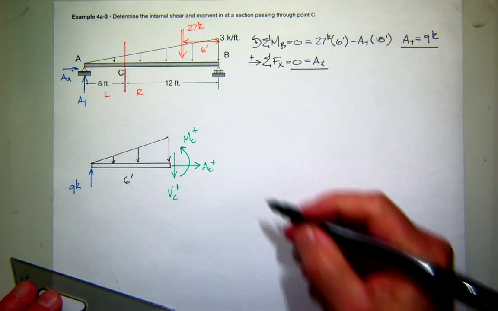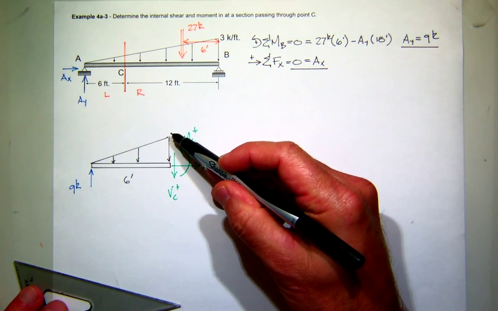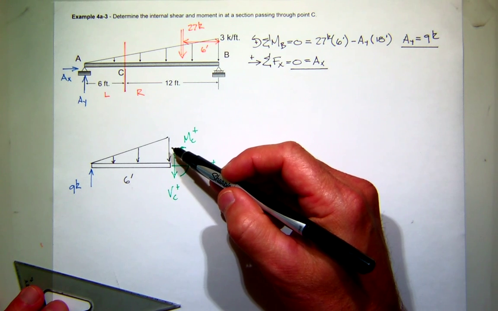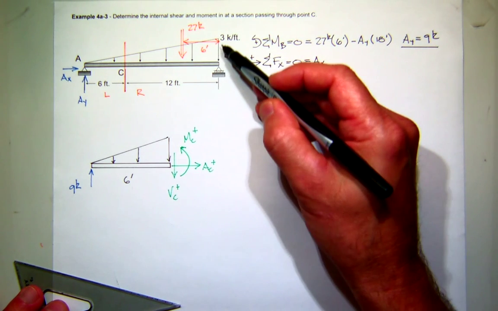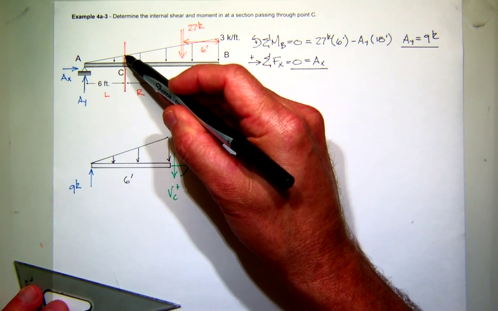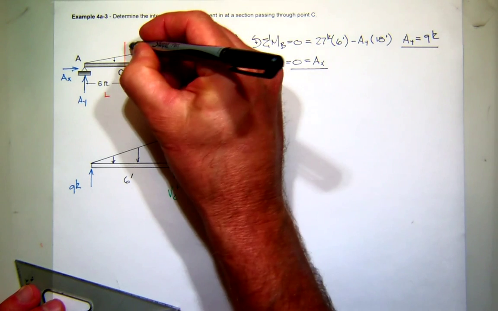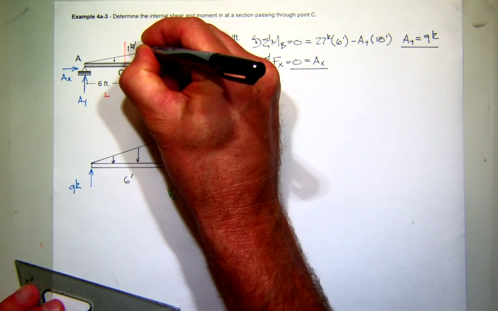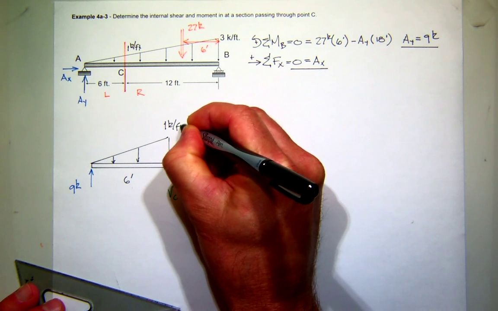Now, one little extra thing I don't know is what's the intensity of the load at this cut? So you just do the similar triangle. I know that at 18 feet, it's 3. So at 6 feet, it's 1/3 the distance, so it should be 1/3 the intensity. So that value right there is 1 kip per foot.